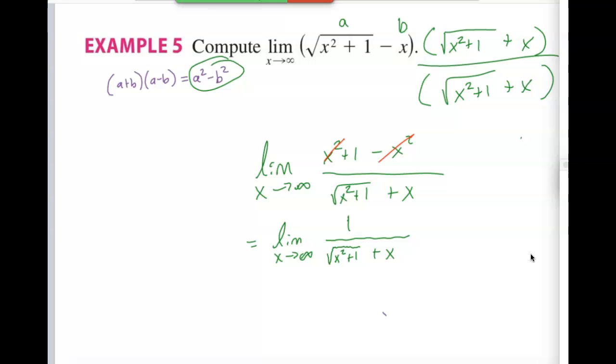It's technically underneath a square root. So what's the square root of x squared? So technically x to the first power. So even though we do have an x squared, since it's underneath the square root, we have to take the square root of that, and we still get x to the first power, which is what we want to divide everything by. So numerator and denominator get divided by x.